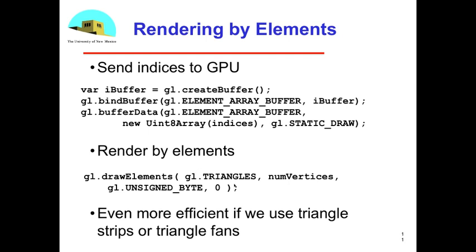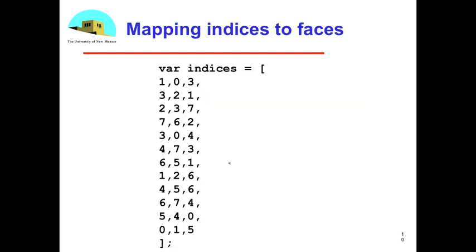Now I can make this even more efficient by making this list even shorter by just giving it the quad indices and saying this is quads, so I would have 1, 0, 3, 2 instead of these two elements. So I'd have 4 times 6, 24 elements in this index array.